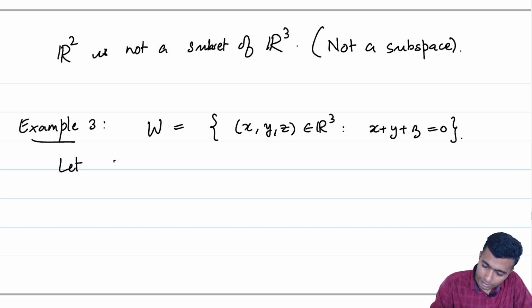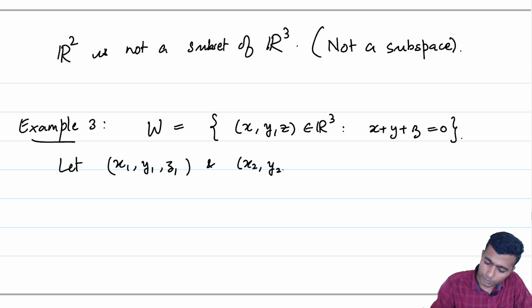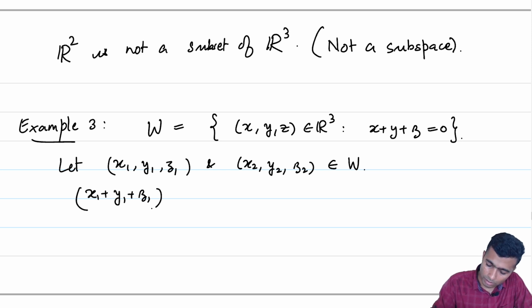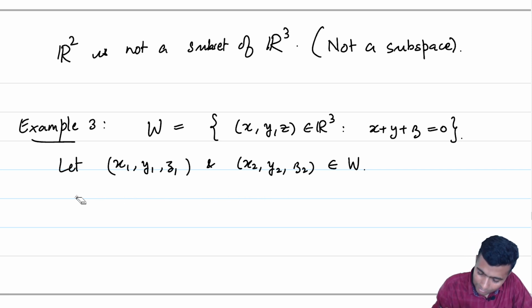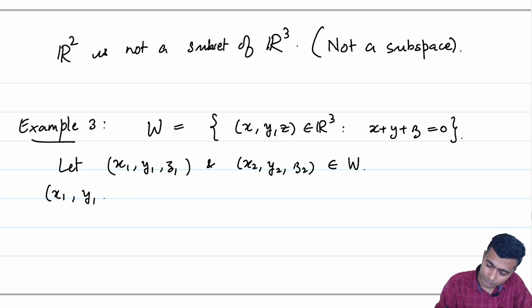In order to do that, let x1, y1, z1 and x2, y2, z2 be in capital W. What is x1, y1, z1 plus x2, y2, z2?